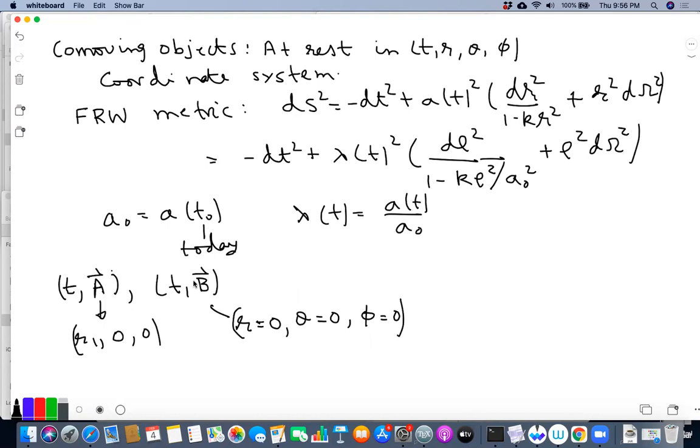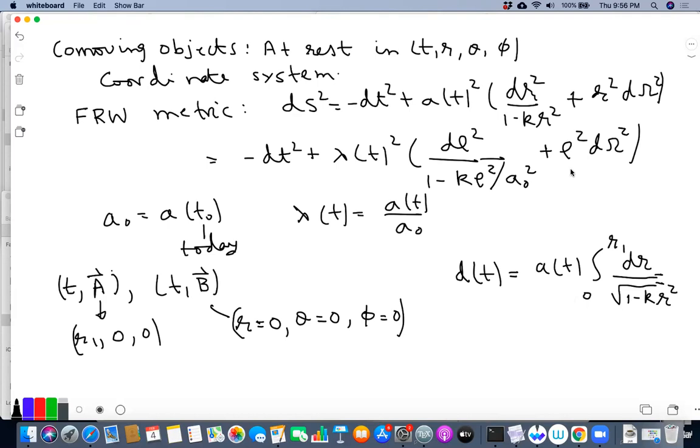In this case, the distance between these two points at time t, which you can call d of t, will be given by a of t times the integral from 0 to r1 of dr over the square root of 1 minus k r squared.